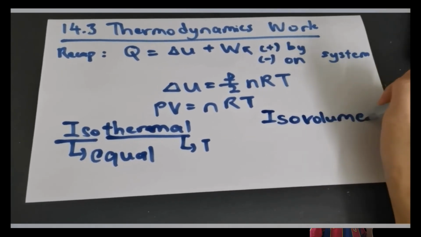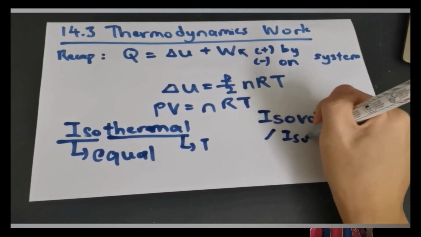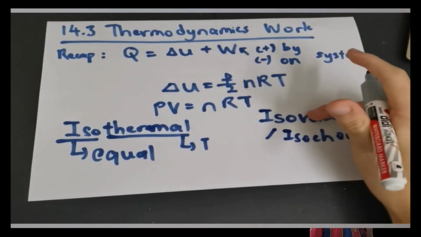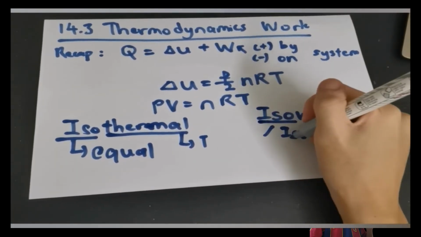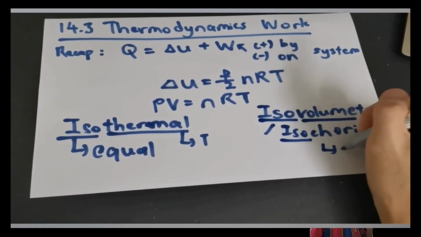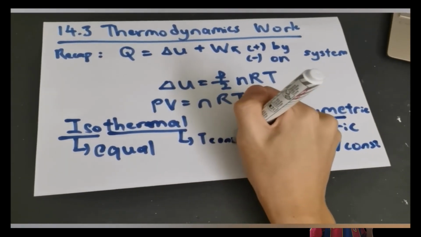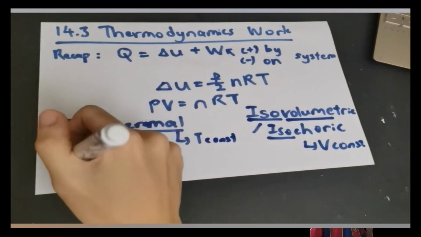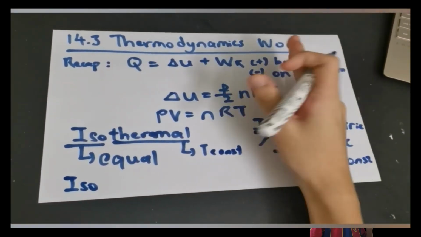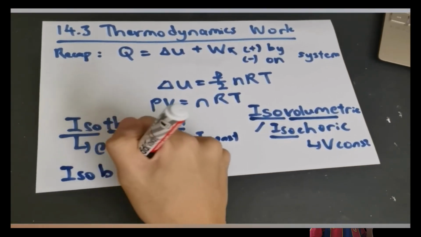So second would be isovolumetric, or another name for it is isochoric. For this, I prefer using isovolumetric because you can clearly see iso and you can clearly see volume. So volume constant. The last one is the third one, but for thermodynamic work we only talk about 3, so I will take the last one, isobaric.